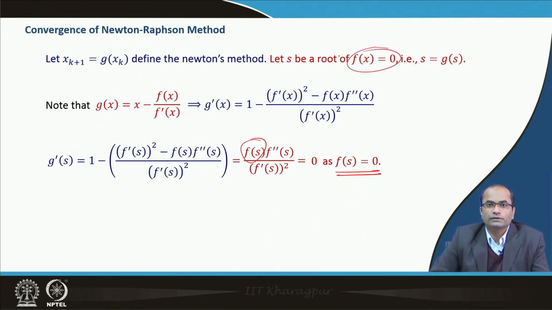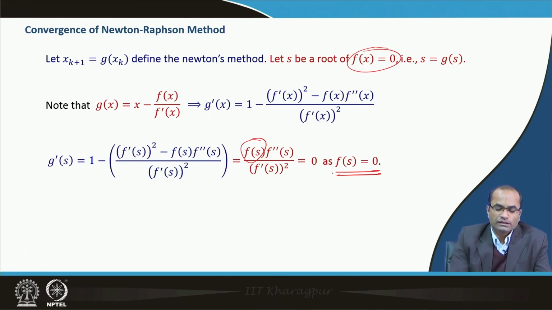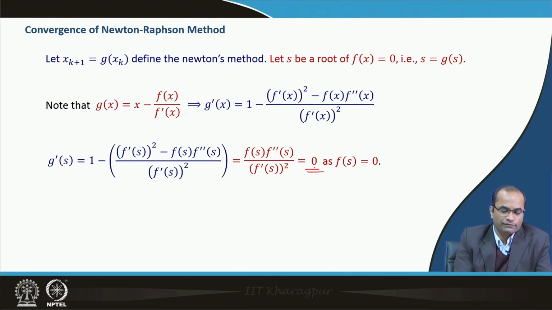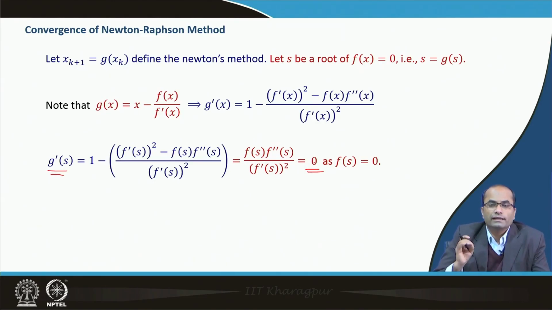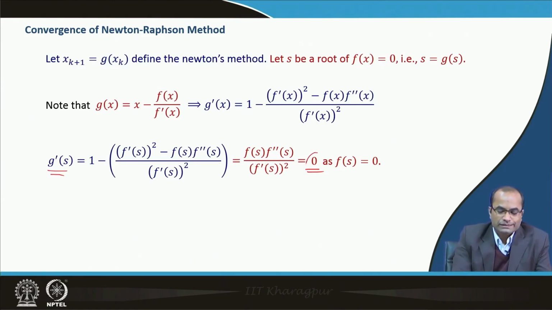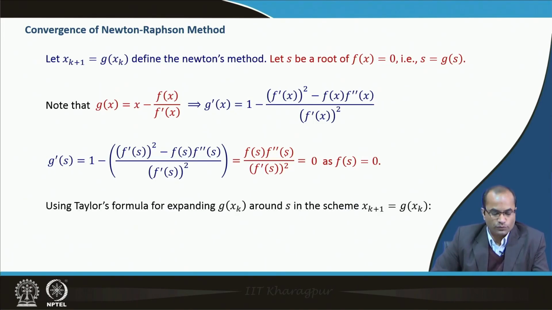S is the root of this f x equal to 0, that means f s is 0. So, then everything in the numerator becomes 0, and finally, we have this 0. So, g prime exactly at that point where we have this root is nothing but 0. This is what we have observed now from this Newton-Raphson approach.